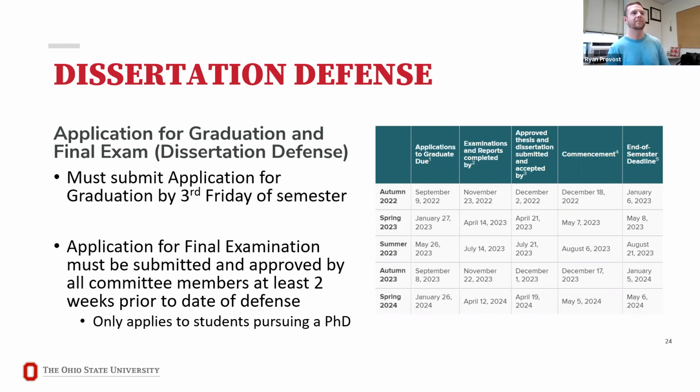Then April 14th is the deadline for all examinations and reports to be completed and signed off on. And then the dissertation deadline of when it can be submitted is no later than April 21st. And then you see an end of semester deadline. We'll get to that and what that means a little bit later.